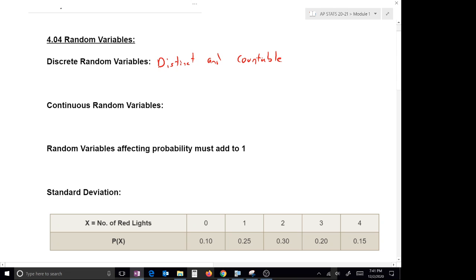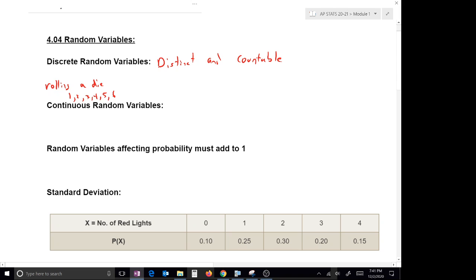Okay, so an example of discrete would be the outcomes of rolling a die, where you'd have outcomes of 1, 2, 3, 4, 5, and 6. And that's it. There's no in between, and there's no infinite amount.